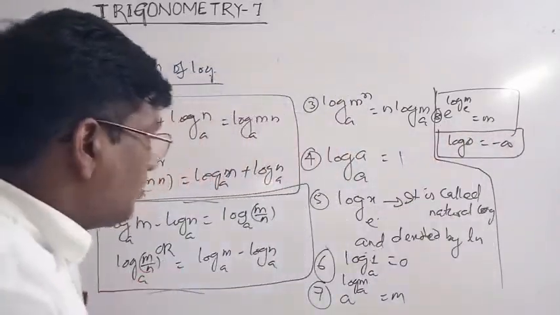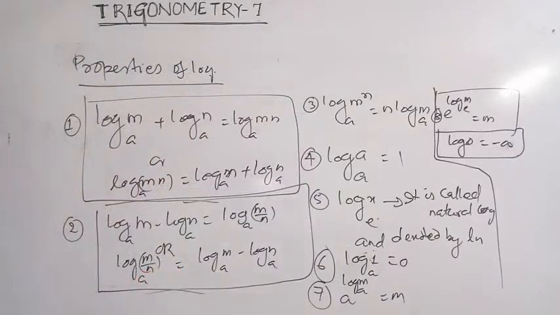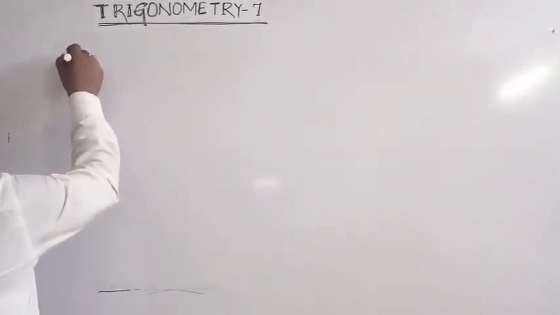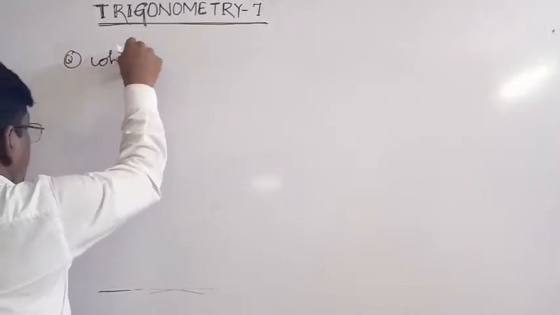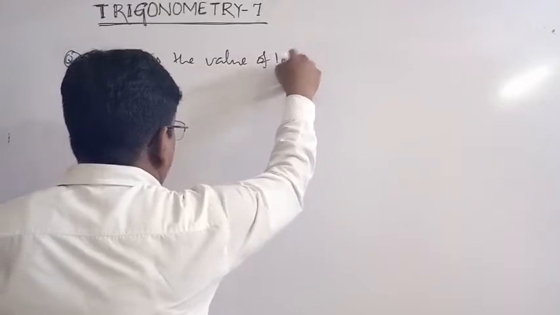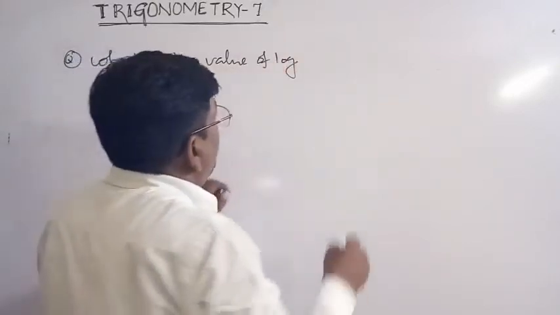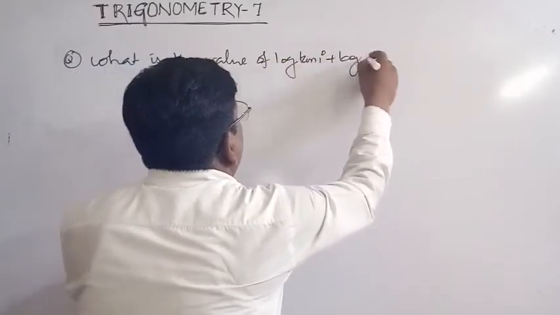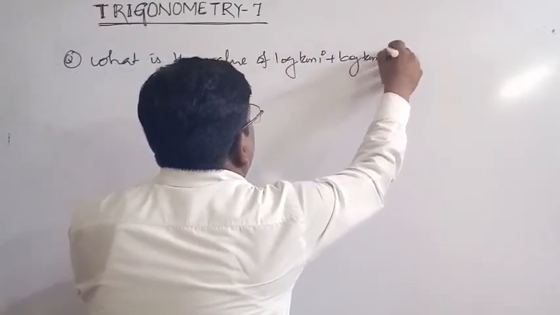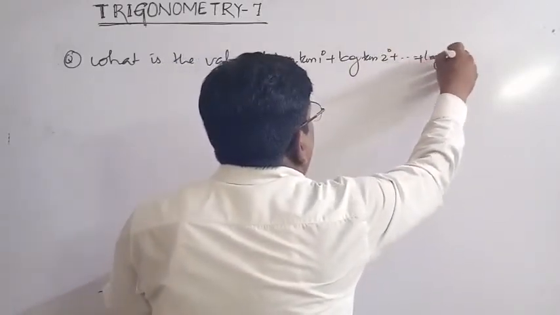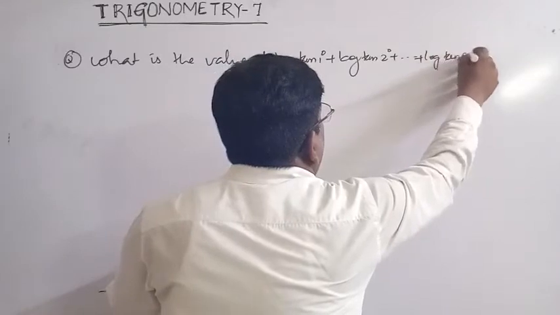These are the logarithm concepts, and let's do some questions now. One question related to this. What is the value of log of tan 1 degree plus log of tan 2 degree plus dot up to log of tan 89 degree?